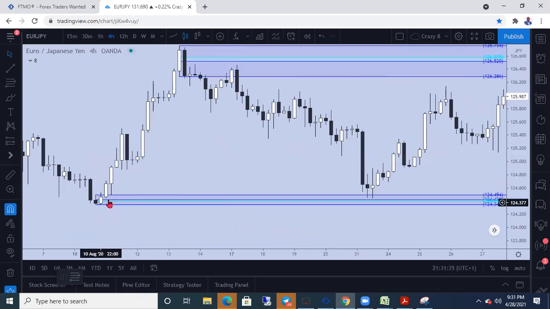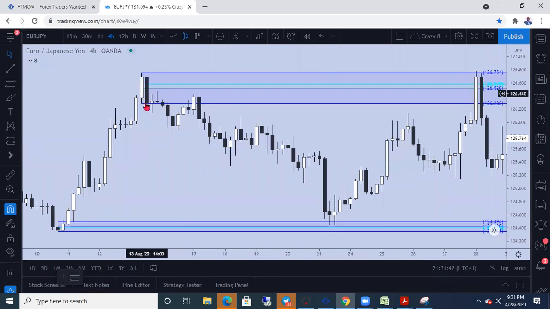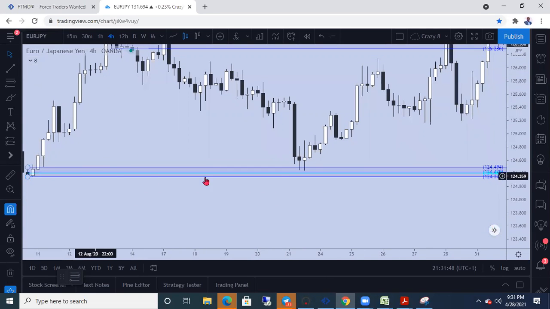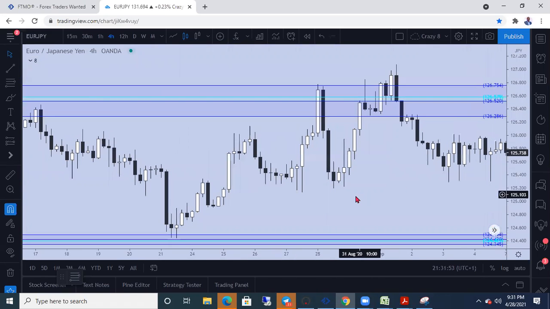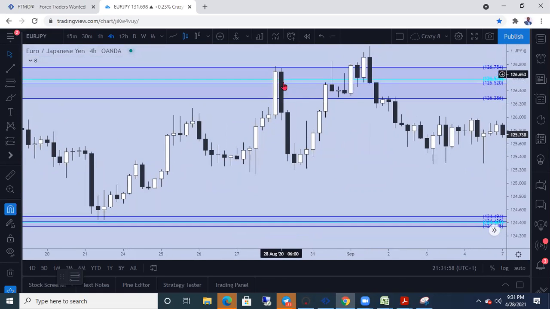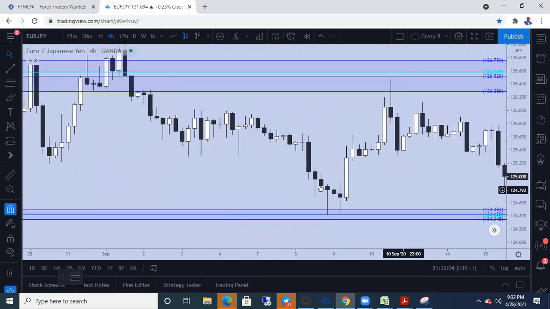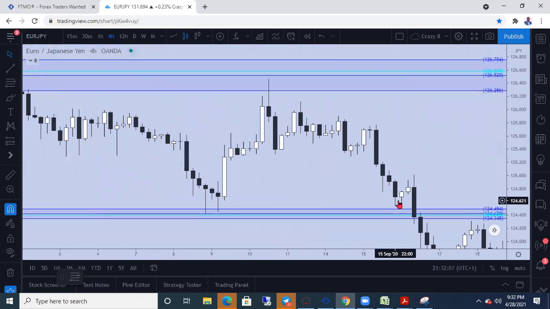We have the lowest point, we have the highest point. Notice how price got back to the highest point and then sold off. Notice how price came back to our buy zone and then bought off. Notice how price came back to our sell zone and then sold off, and then bought, and then sold.